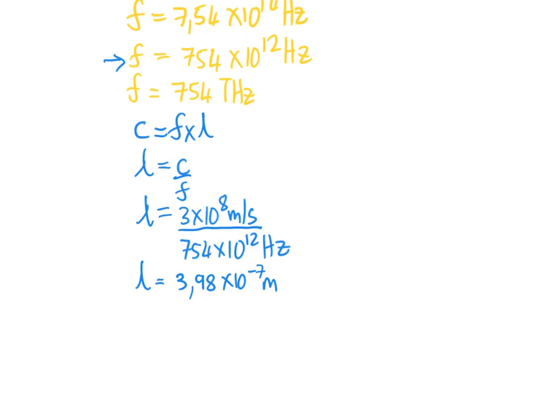Now if we want to convert this into nanometers, then we need to move the decimal 2 positions to the right. So then lambda equals 398 times 10 to the minus 9 meters, because we've made this number bigger by 10 to the 2, so therefore we need to make this number smaller by 10 to the minus 2.